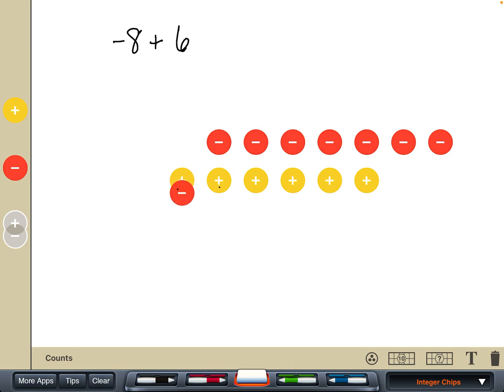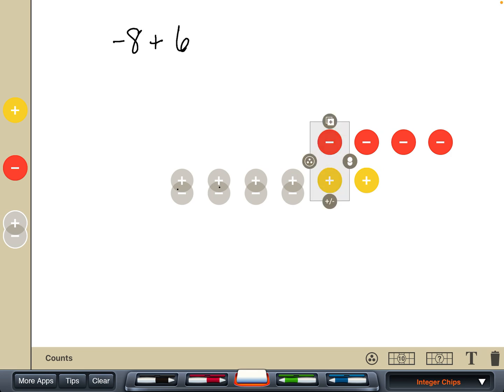All right, so let's see how many zeros we have. 1, 2, 3, 4. Remember, it takes one positive and one negative to make a 0. 5 and 6. So those zeros get together. And then what do we have left over?